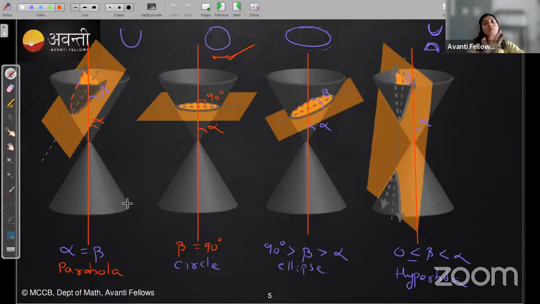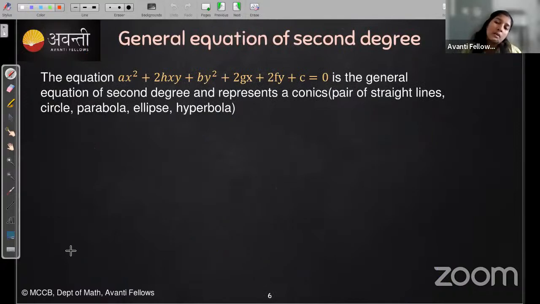To represent this conic section algebraically in terms of an equation, we make use of a second degree equation, the general equation of second degree. The equation ax square plus 2hxy plus by square plus 2gx plus 2fy plus c equal to 0 is the general equation of second degree, and it represents a conic, right?